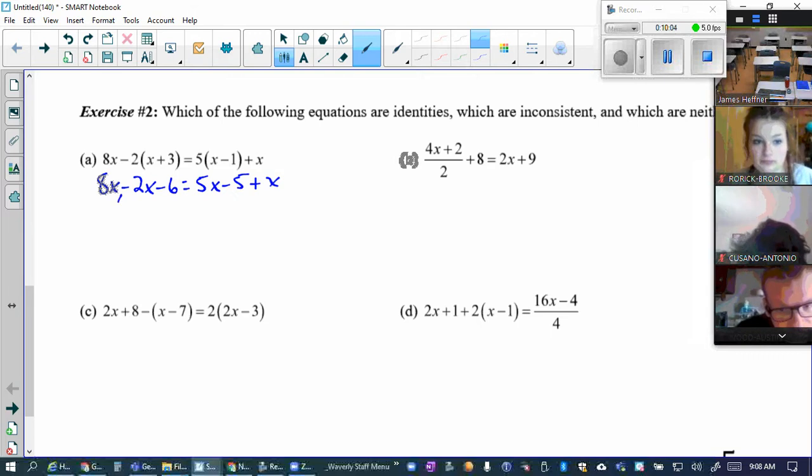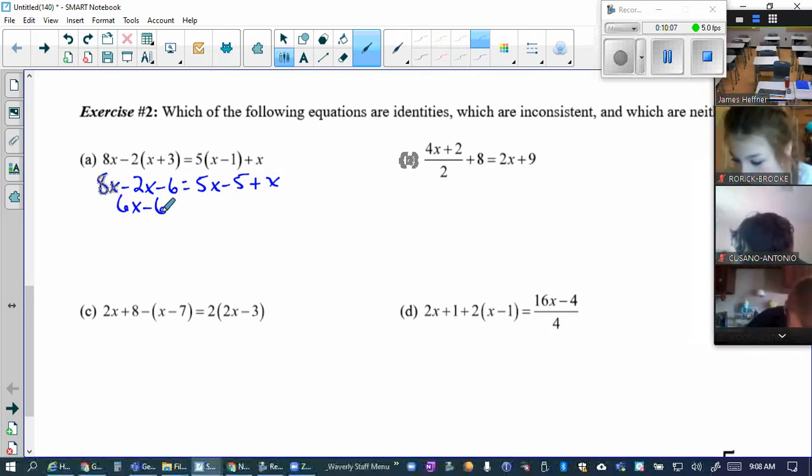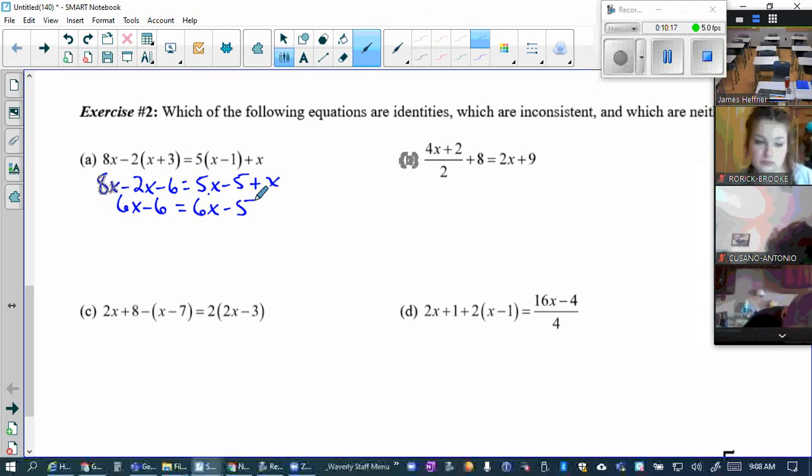And we get 6x minus 6 equals 5x and x is 6x minus 5, right? Okay. And then if we subtract 6x from both sides, what are we left with? If we subtract 6x from both sides, what are we left with?